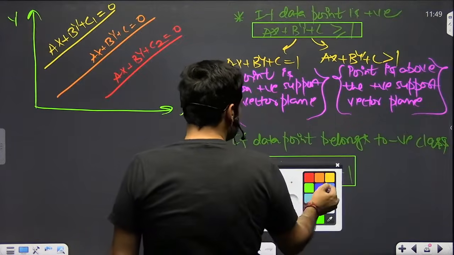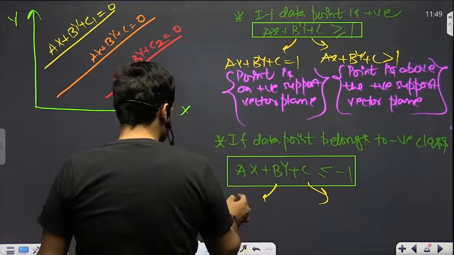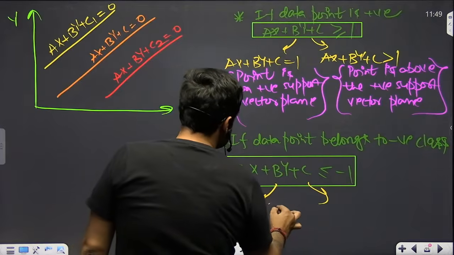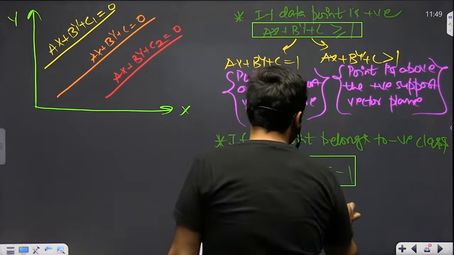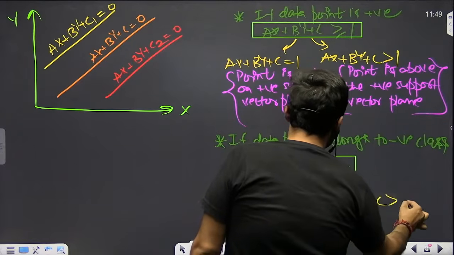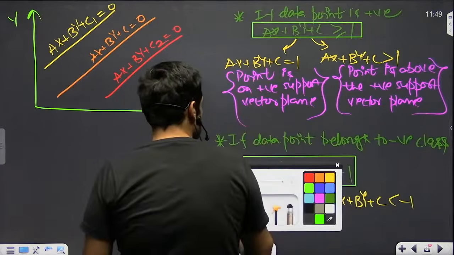Again, we have two conclusions from here, and you have to write both. If ax plus by plus c equals minus 1, and the next, if ax plus by plus c is less than minus 1.